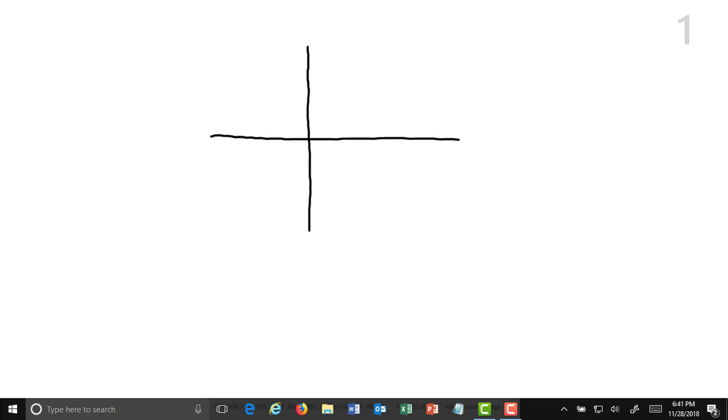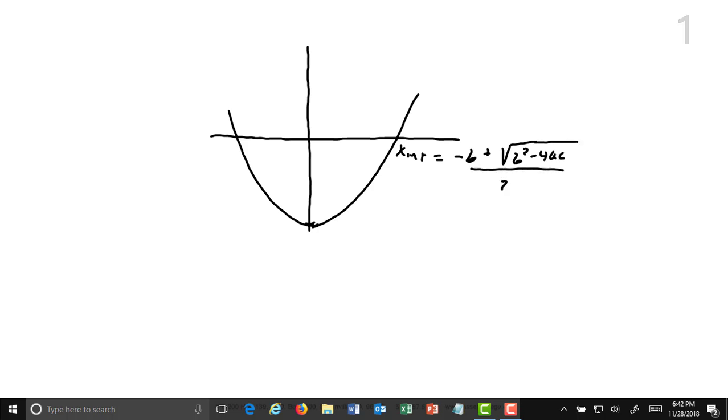You could say that there's some intercept here, right? And you could say at some point it's going to go up like a parabola, and this x-intercept will be equal to minus b plus, not plus and minus, but just plus, b squared minus 4ac over 2a.